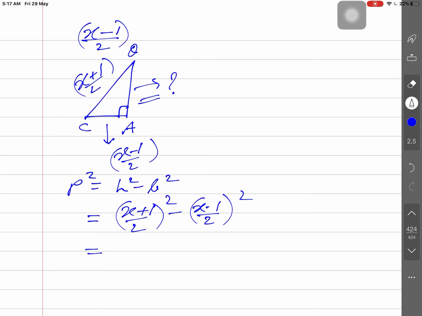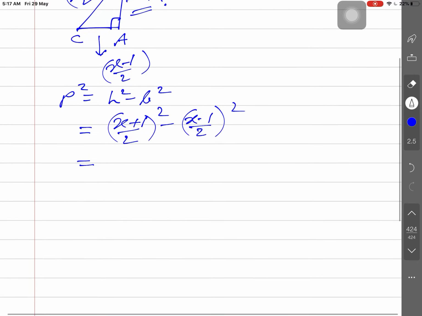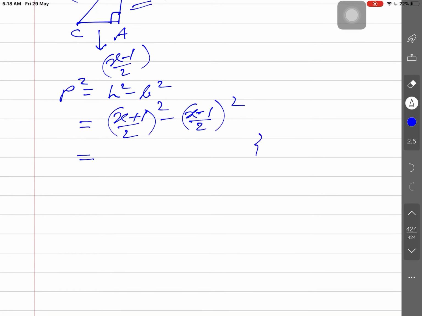Now, what type of pattern are you observing here? You see the pattern: a square minus b square is equal to (a plus b) into (a minus b). Now proceed ahead.